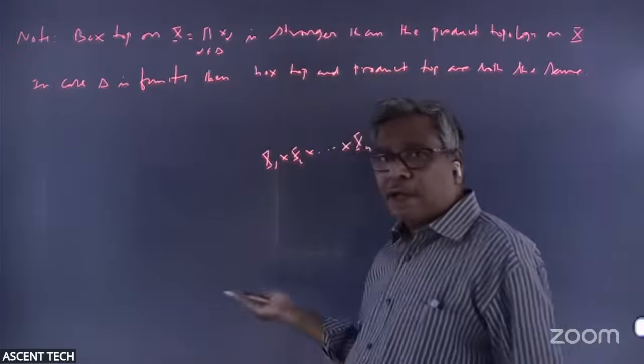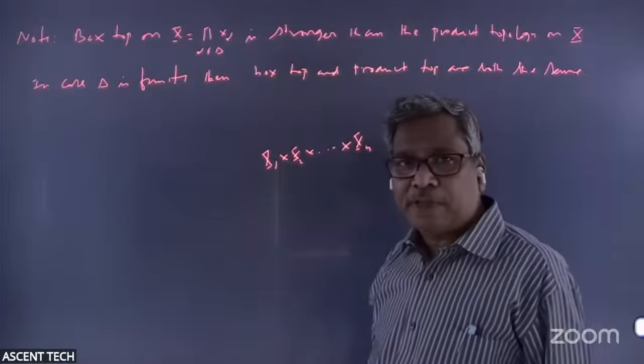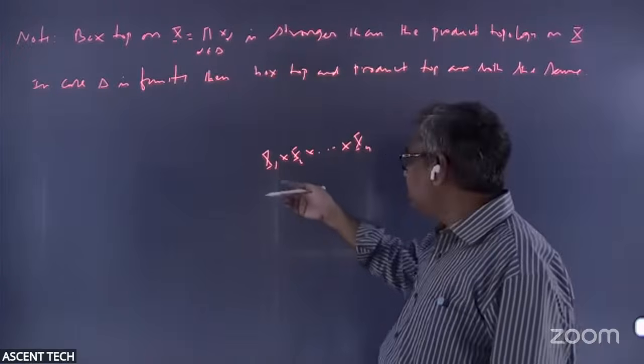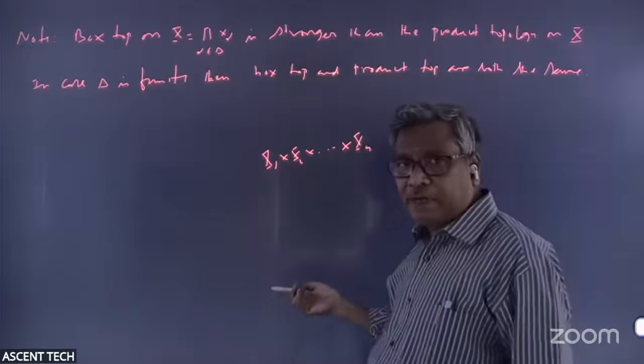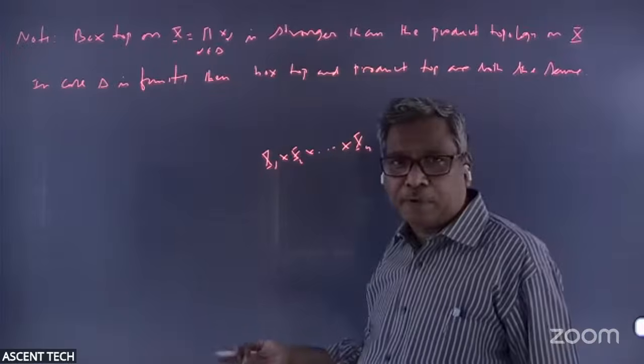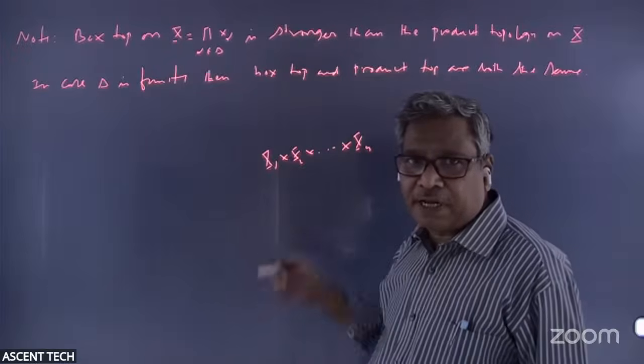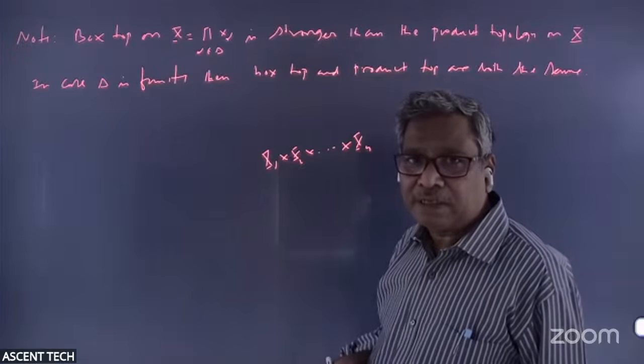A product space in box topology will have the same open sets. Because what are the open sets in the product space? Basic open sets keep open sets in finitely many components, that means in all components you can keep open sets and create those sets. They are the open sets in the product topology.